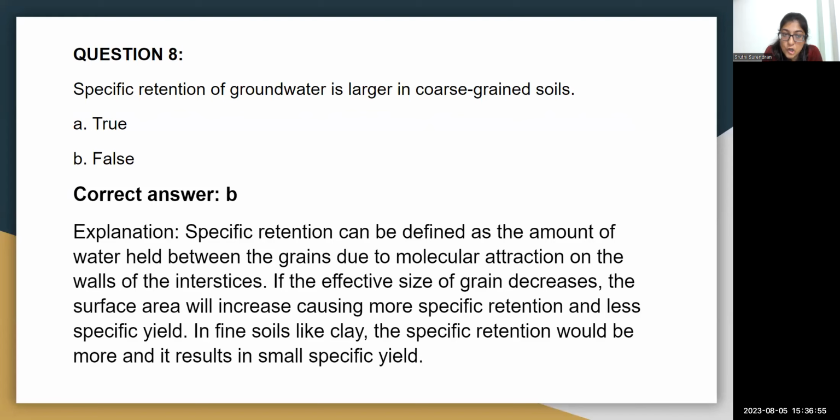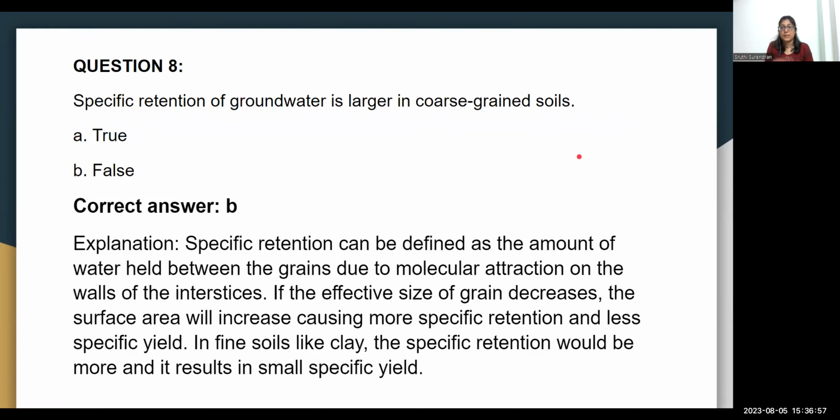So the answer false is right. Let's see why it is. One of the reasonings is what you have told, Vagisha. So why is that happening is what we'll see now. I think we are aware of the concept of surface area.